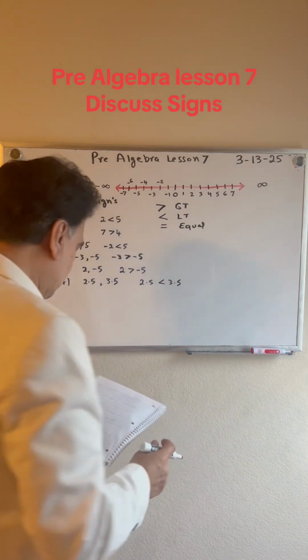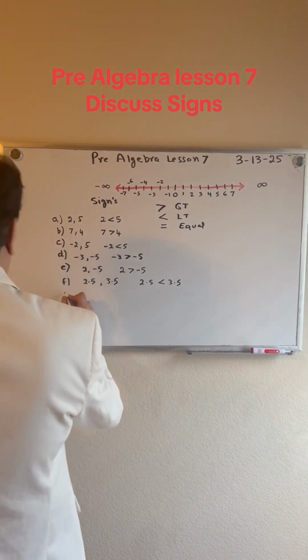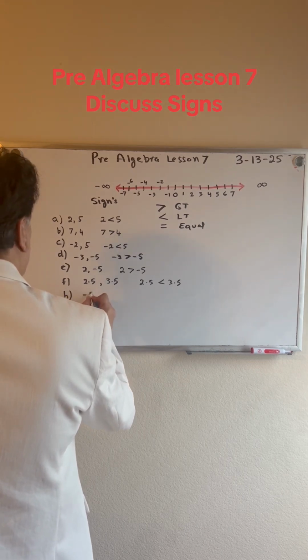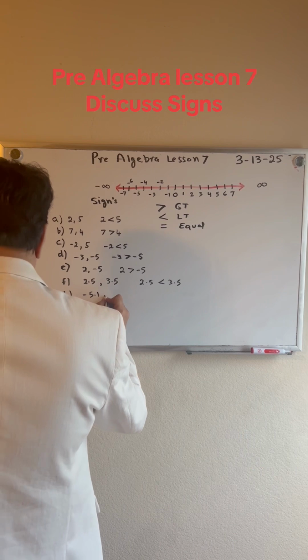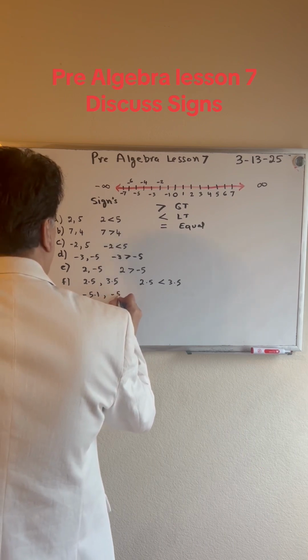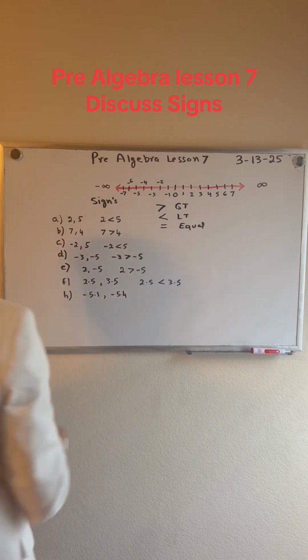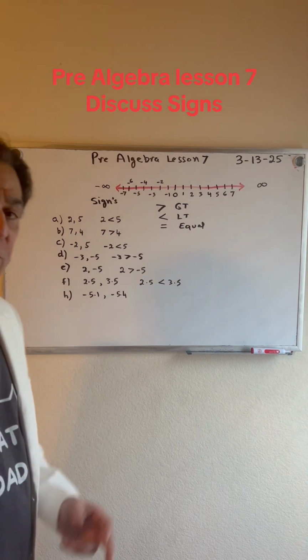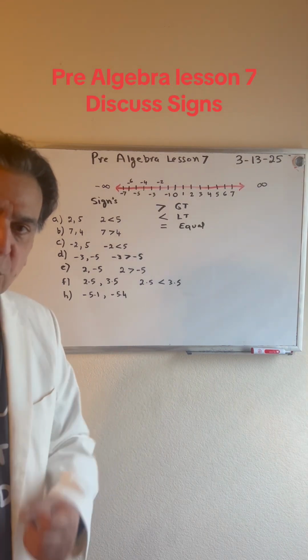One last? Okay. So how about I do H and say -5.1 and -5.4. Which number is smaller? Is -5.1 bigger or -5.4 bigger? That's a question for you.